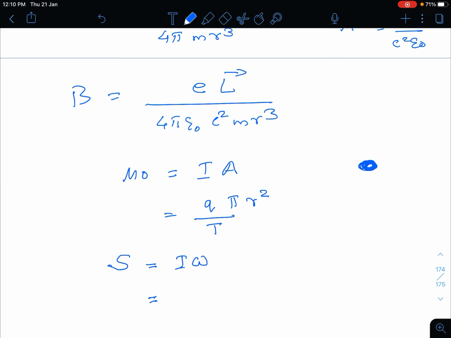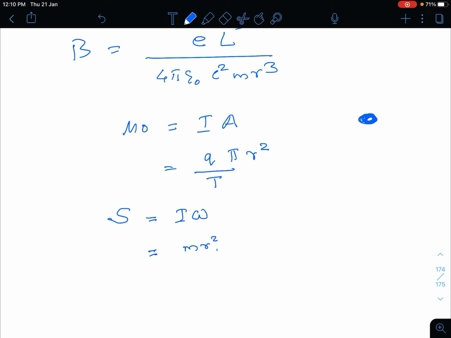Here I is the moment of inertia, which is simply mr square if you consider it, and omega is 2 pi by T, which we have already calculated.